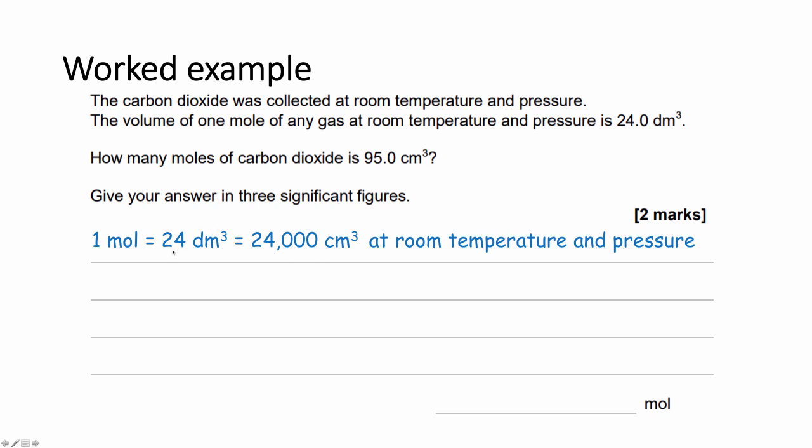Therefore 24 decimetres cubed will be 24,000 centimetres cubed at room temperature and pressure. So if I've got 95 centimetres cubed, I can divide that by 24,000, and that gives me an answer of 0.00396 mole.